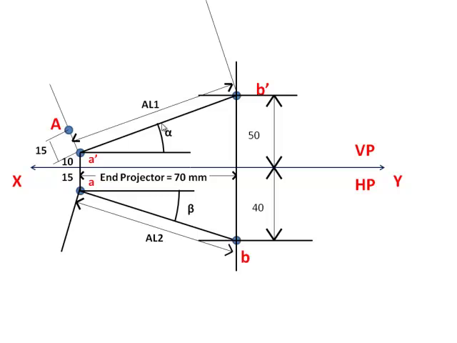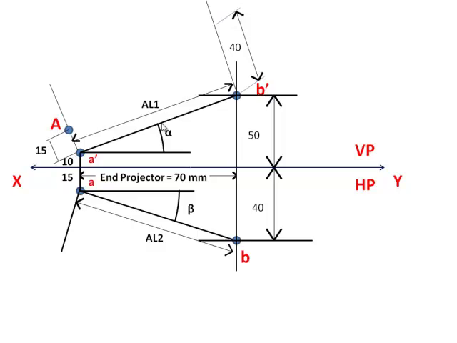The in front of VP distance you are marking, the distance from A dash to A. Is it clear? But you have to note that the line A dash B dash and the line you drew should be perpendicular. Okay?